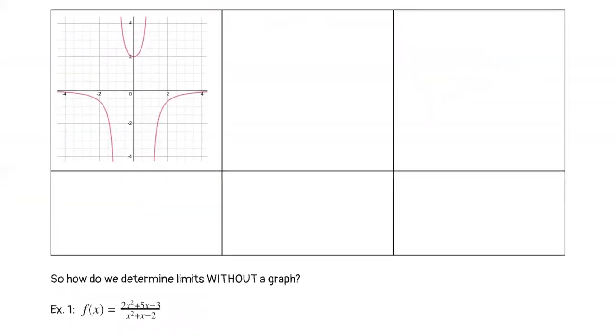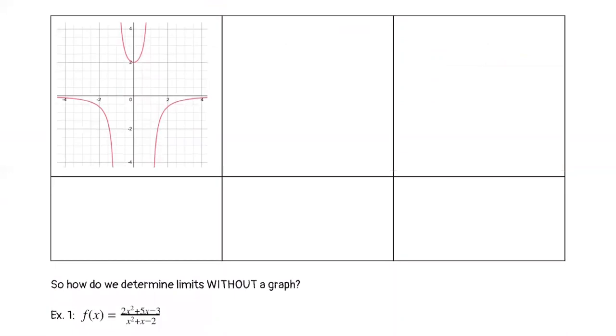All right. Last one here. Let's talk about this particular case. So where is there a vertical asymptote? Be more specific.